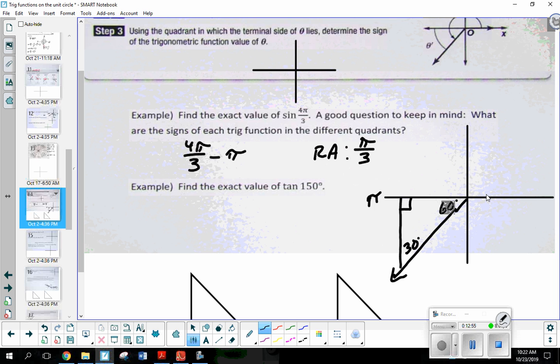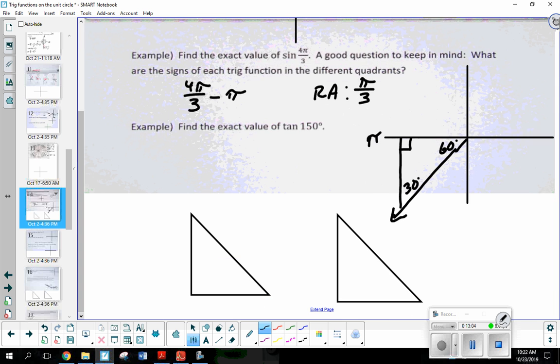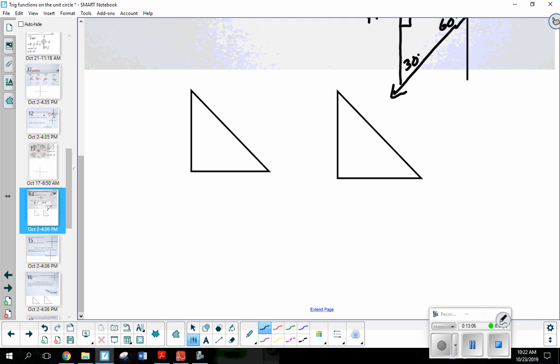Now, eventually, we're going to move beyond that, but that's all we're working on right now, just the unit circle. So let's revisit these for a second. These 2 triangles represent our special right triangles. So we have the 45, 45, 90. We've got the 30, 60, 90.